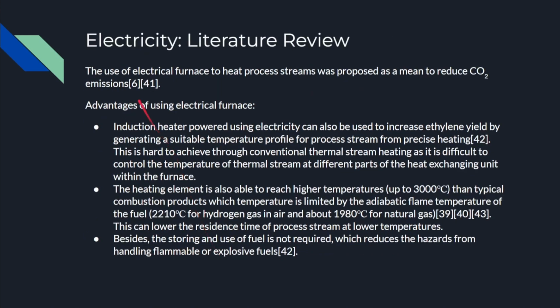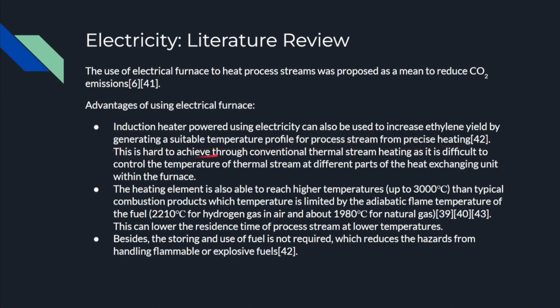The use of an electrical furnace to heat process streams was proposed as a means to reduce CO2 emissions. Other advantages of using an electrical furnace include that the induction heater can increase ethylene yield by generating a suitable temperature profile from precise heating.